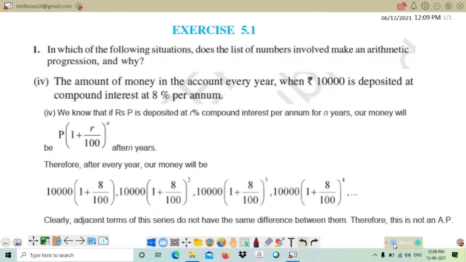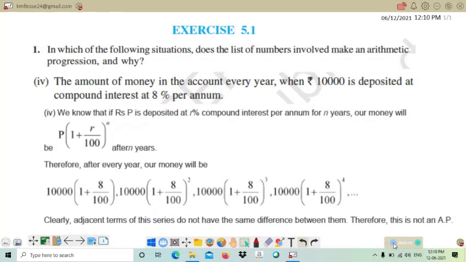The third year it will be 10,000 into 1 plus 8 divided by 100, the whole cube. We are multiplying with 1 plus 8 by 100, not adding.